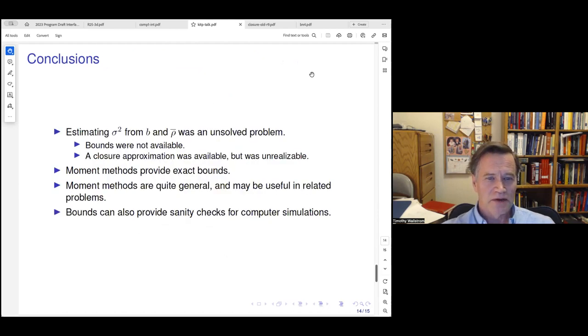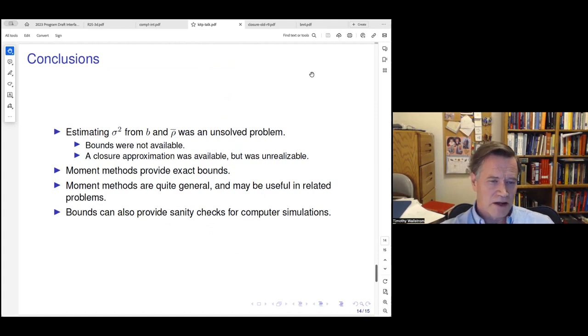So this problem of estimating sigma squared and the reaction rates from what you get out of the simulations in terms of B and rho bar was recognized as being a problem, but there weren't really any satisfactory solutions for it. But by using these moment methods, we get some exact bounds.